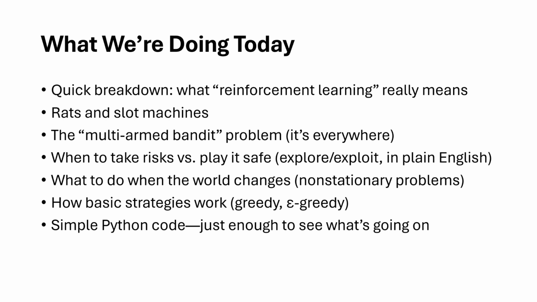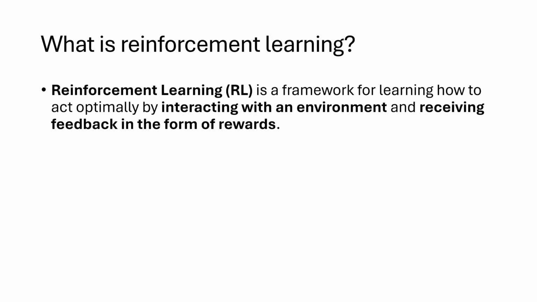And then we'll deal with non-stationary problems, so problems of the world that changes. You have learned something about the world, but the world itself changed. So how do we deal with that? And we'll look at some strategies for balancing the explore-exploit dilemma, which are greedy and epsilon-greedy, and then we'll run a simple Python code to implement greedy and epsilon-greedy.